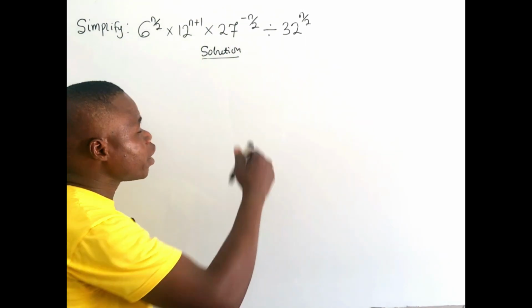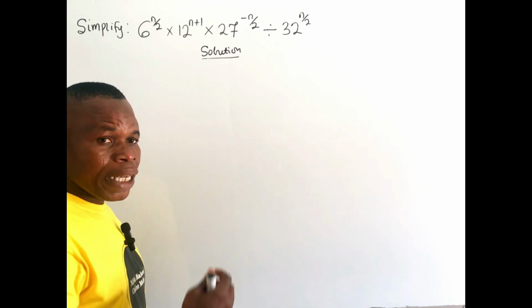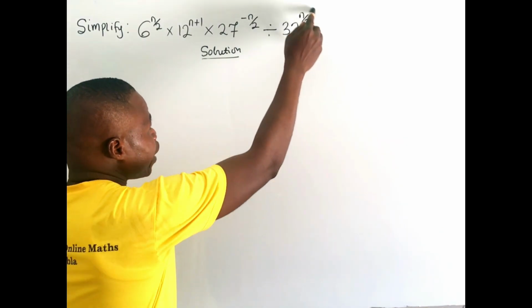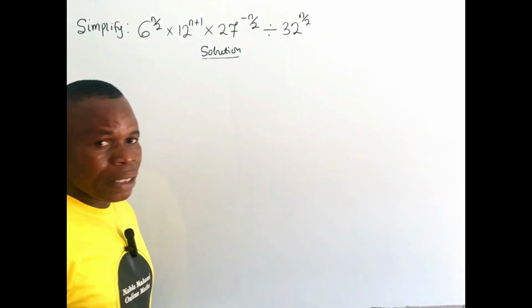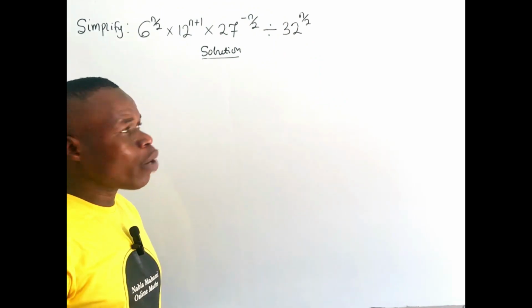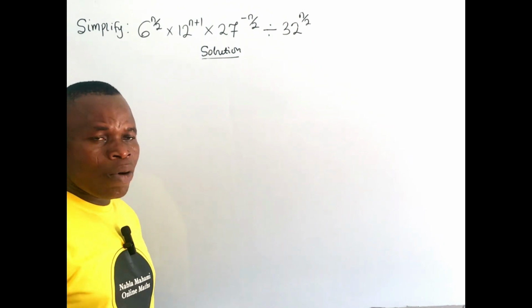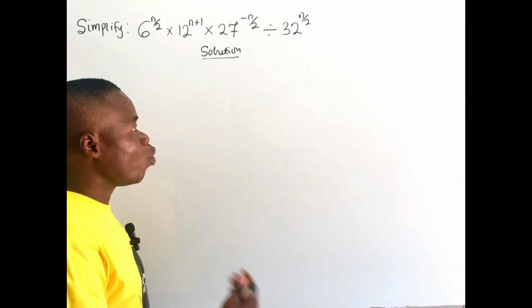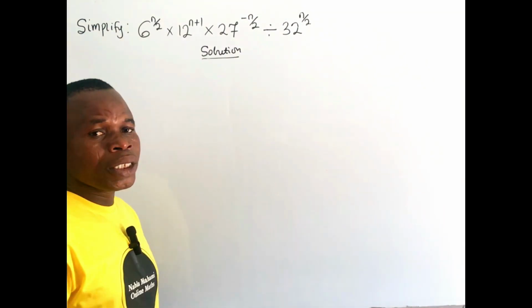So what you need to do is change the division sign to multiplication. And when you change the division sign to multiplication, it means that you are taking the reciprocal of what is on the right hand side, that is, the reciprocal of this particular number. The power here is positive, so when you take its reciprocal, the power will change to negative. But if the power is negative and you take its reciprocal, it will change to positive.